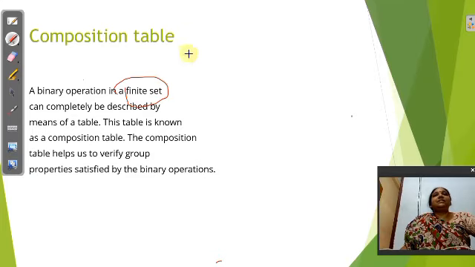If the set consists of n elements, we take n plus 1 rows and n plus 1 columns. If it consists of 3 elements, we take 4 rows and 4 columns. If it consists of 5 elements, 6 rows and 6 columns. If it consists of 2000 elements, 2001 rows and 2001 columns.